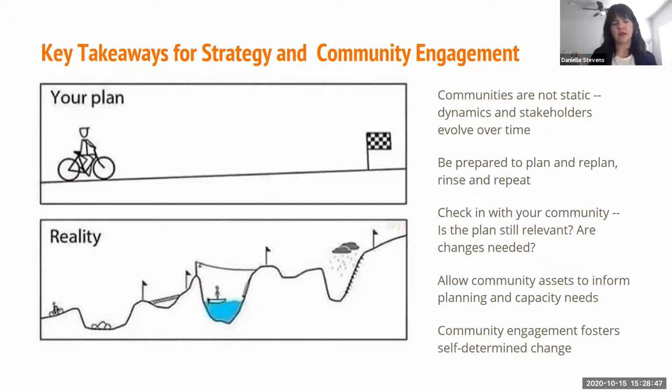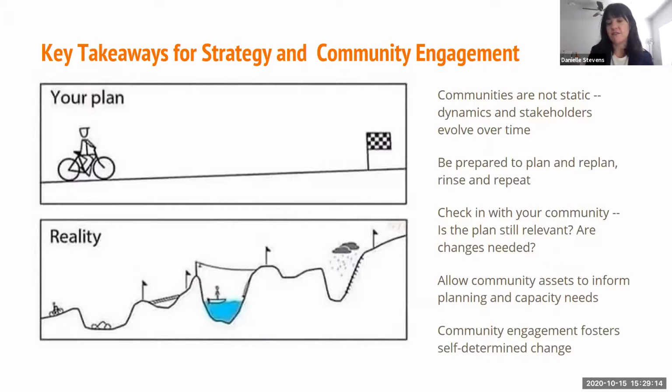It's important that we are always prepared to plan and replan and rinse and repeat. And it might feel like we're just spinning our wheels and we're not getting anywhere, and we're just spending all this time planning for plans that never really go anywhere. But it's important that we do engage in these processes, and that we have a good understanding of where our community needs to go.